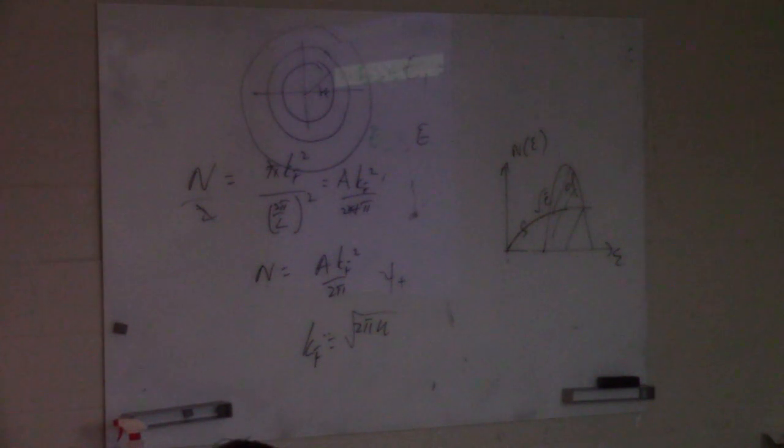So that means if I write Bloch's theorem, what is psi_k(r plus T)? R plus T means everywhere I replace r with r plus T, right?